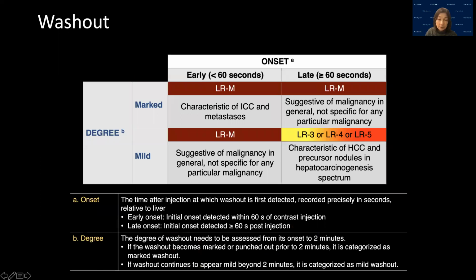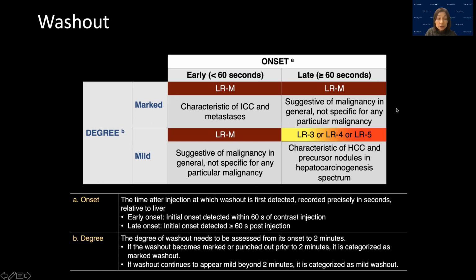Let's review washout. In CEUS, it is very important to evaluate the onset of washout after injection and the degree of washout, not like CT and MRI where you only look at the presence of washout. If the washout starts early, in less than 60 seconds after injection, it is called early washout. If it happens after 1 minute, it's late washout.